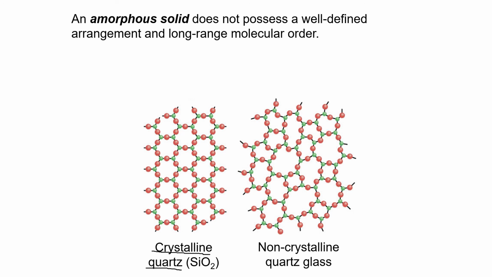As you can see, it's quite irregular and none of the orderly structure that the crystalline quartz has. Coal is another example of an amorphous solid.